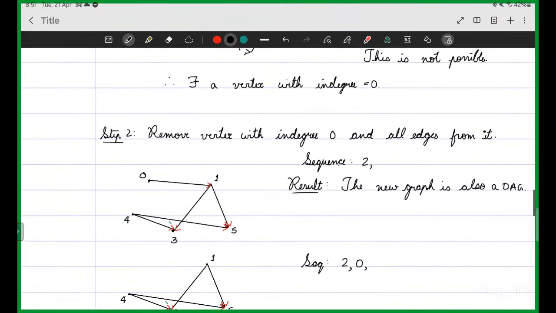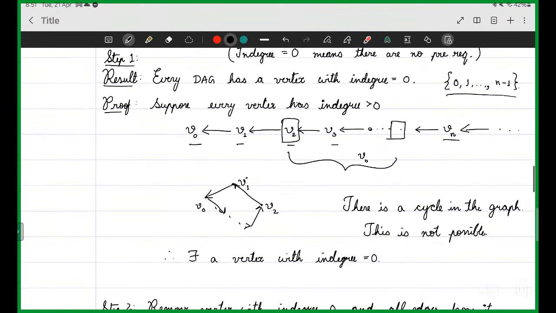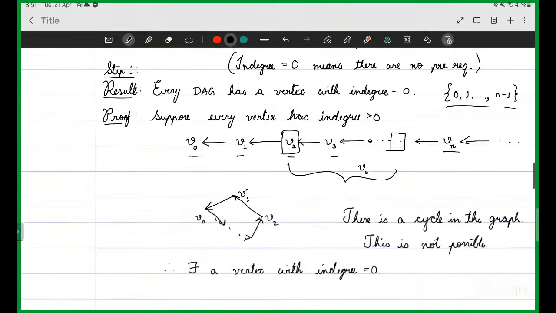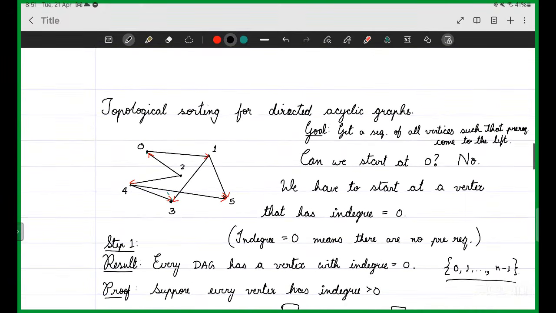And this is a natural algorithm, right? So what you do is you start out with something that has no prerequisites. So list it as the first thing to be done. And once you're done with that, there will be more tasks for which this might have been the prerequisite, but now that the prerequisite is done, it frees up more tasks to do.